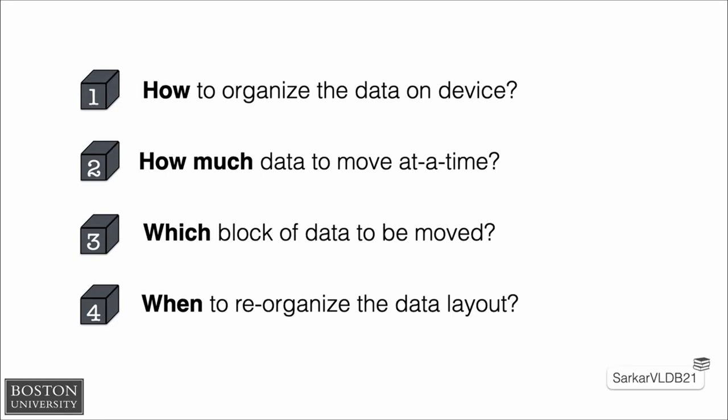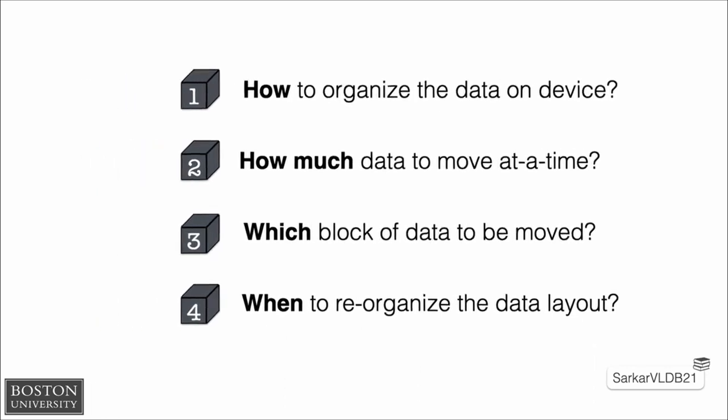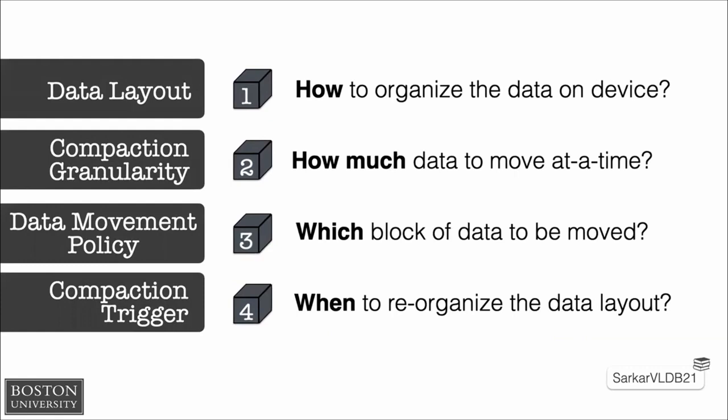Third, if we are moving part of the data from a level, which part are we going to move? And fourth, what events exactly are responsible for triggering a compaction in LSM engines? And the answers to these four questions gave us the four first order compaction primitives: the data layout, the compaction granularity, the data movement policy, and finally the compaction trigger.